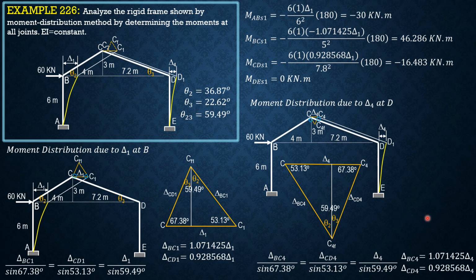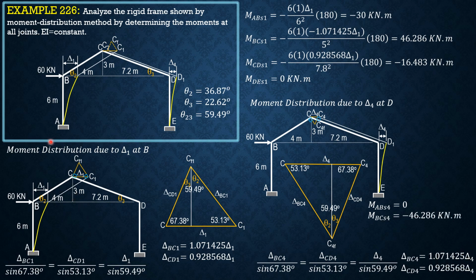So the moment due to side sway of AB would be 0, because this is held against side sway. For moment BC, the rotation is counterclockwise, and we have negative 6 EI times delta BC4, which in terms of delta 4 is 1.071425 delta 4.